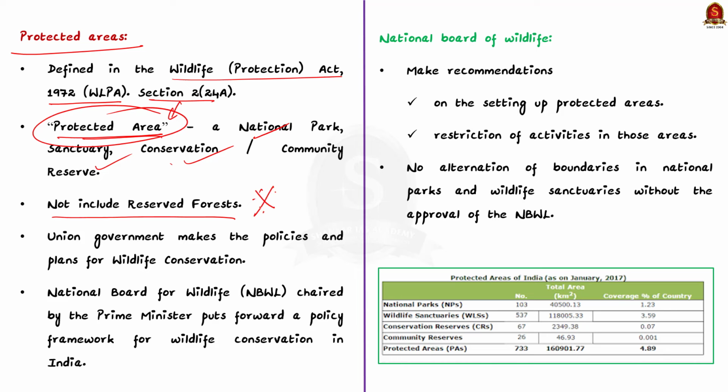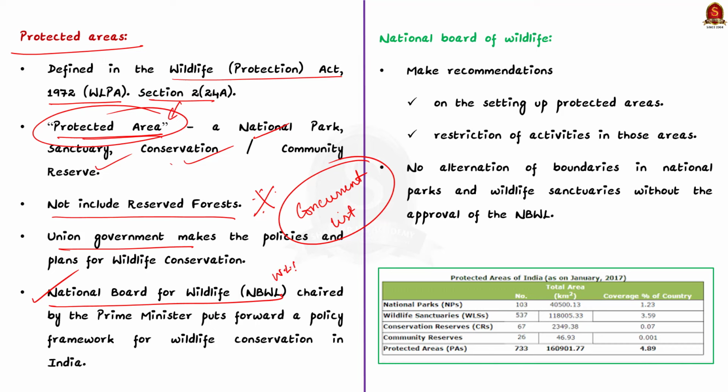Now let us understand the process involved in declaring protected areas. Forests and wildlife are included in the concurrent list of the Indian Constitution. Therefore, the Union government makes policies and plans for wildlife conservation. The National Board for Wildlife puts a policy framework for wildlife conservation in India. The board was constituted under the Wildlife Protection Act 1972 and it is chaired by the Prime Minister.